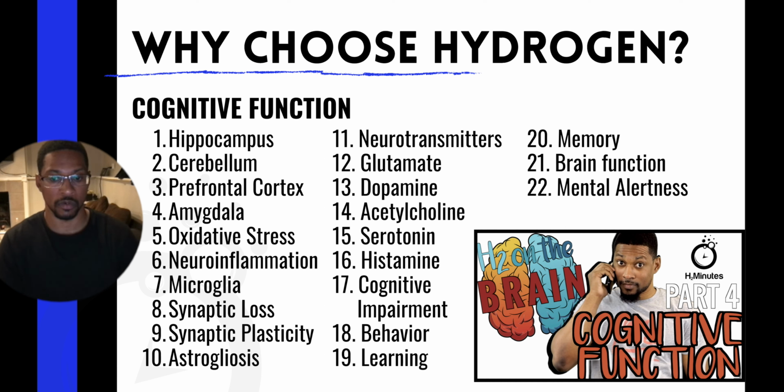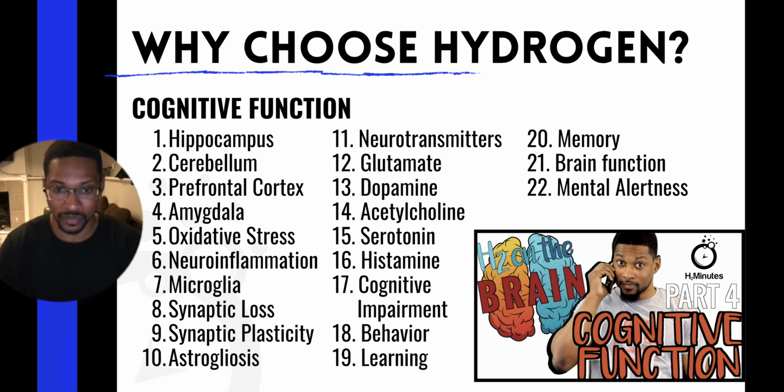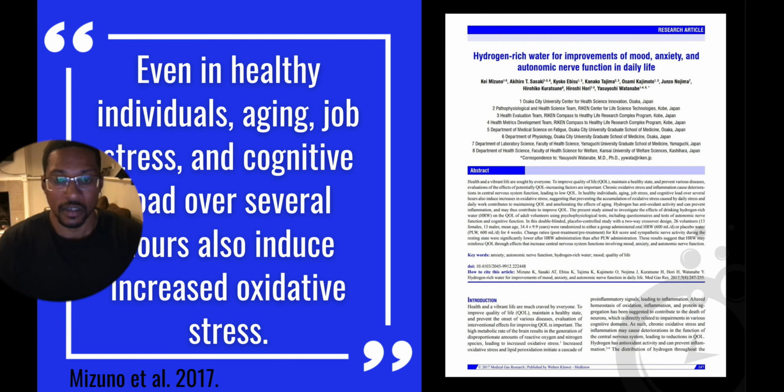There's actually a study where they put hydrogen gas head to head against caffeine, and it showed that hydrogen outperformed caffeine for mental alertness and sleep deprivation in humans, which was cool. This article is hydrogen-rich water for improvement of mood, anxiety, and autonomic nerve function in daily life.